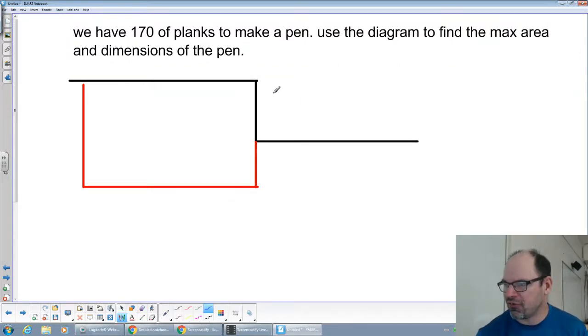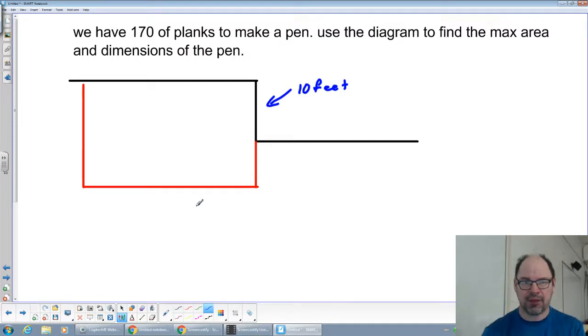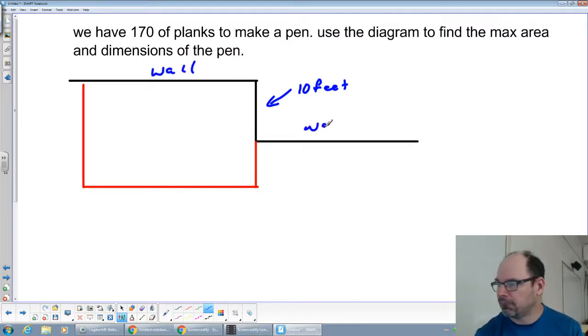Let's label it up. So let's call this 10 feet here. We have 170 feet of planking. That's the red stuff. Okay, and this is our wall. And this is 10 feet here.